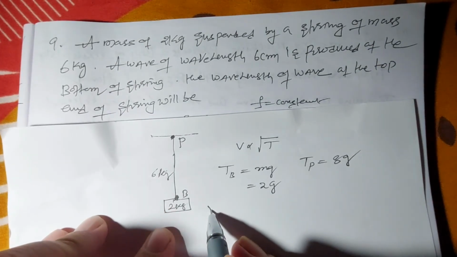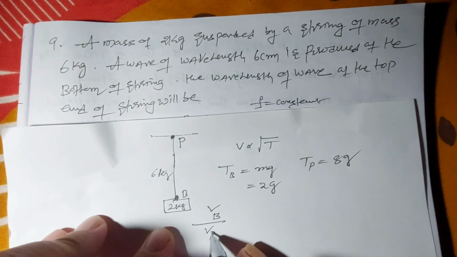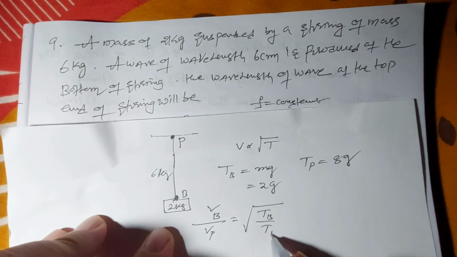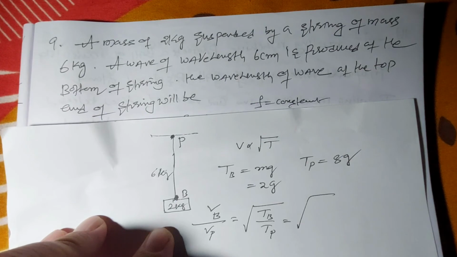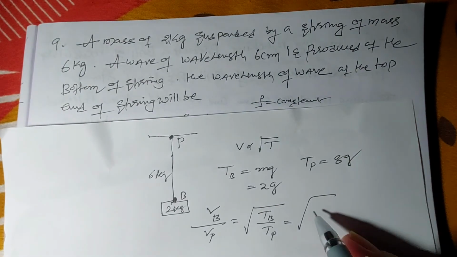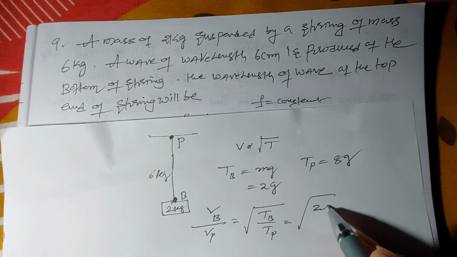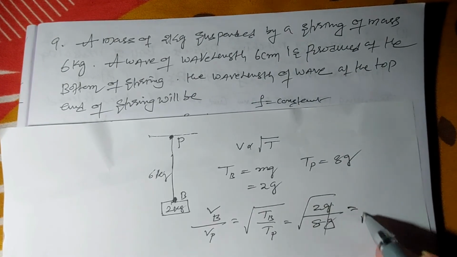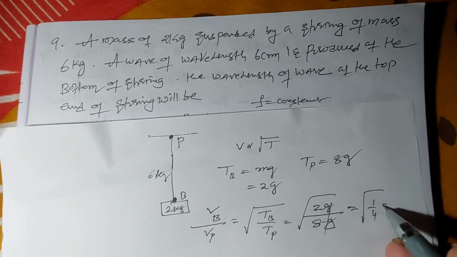So Vb by Vp is equal to square root of Tb by Tp, that is square root of 2g by 8g, which is 1 by 4 under the root, that is 1 by 2.